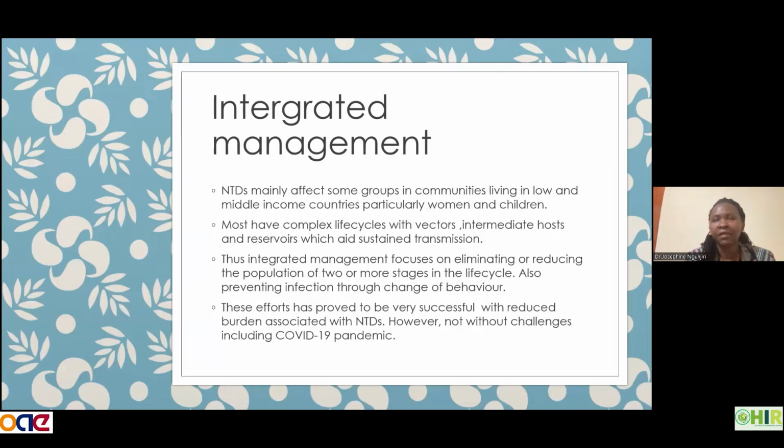With integrated management, why I was passionate about this overview is because when we are talking about neglected diseases, number one, they are also neglected by the communities where they are endemic. For example, we have just been told that one patient decided that, even though drugs are available during mass drug administration, there is no need for him to take the medication, because he thinks the infection will occur.